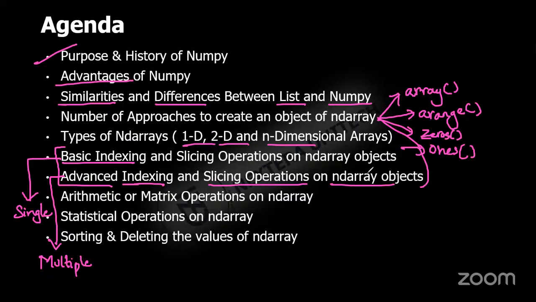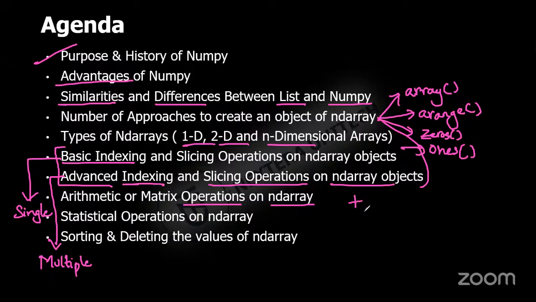So today we are going to complete NumPy, where we have a few more topics left out, like arithmetic operations on ND array objects. We know what arithmetic operations are. Under the operators topic, did we learn arithmetic operators? Yes.